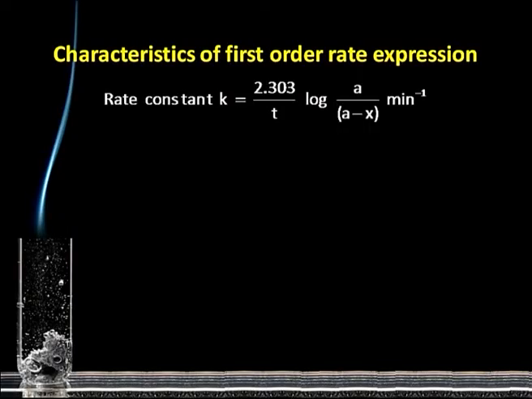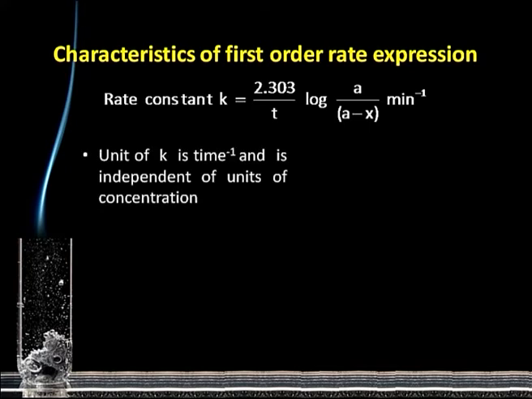Let us look at the characteristics of first order rate expression. The expression is k is equal to 2.303 by t into log A upon (A minus x). The unit of k is time inverse, and k is found to be independent of units used for concentration.